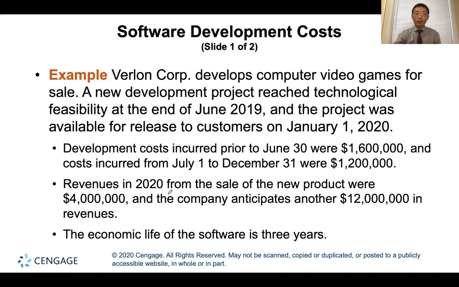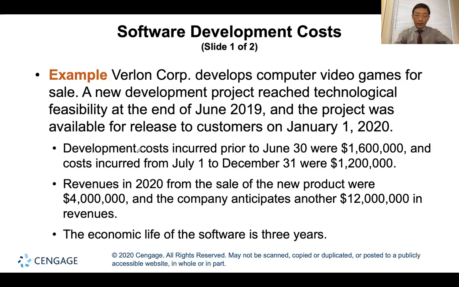For example, the company develops a computer video game for sale, and a new development project reaches technological feasibility at the end of June 2019. So before June 2019, all of these spendings go directly to expense. And after that, we can capitalize as an asset, an intangible asset.